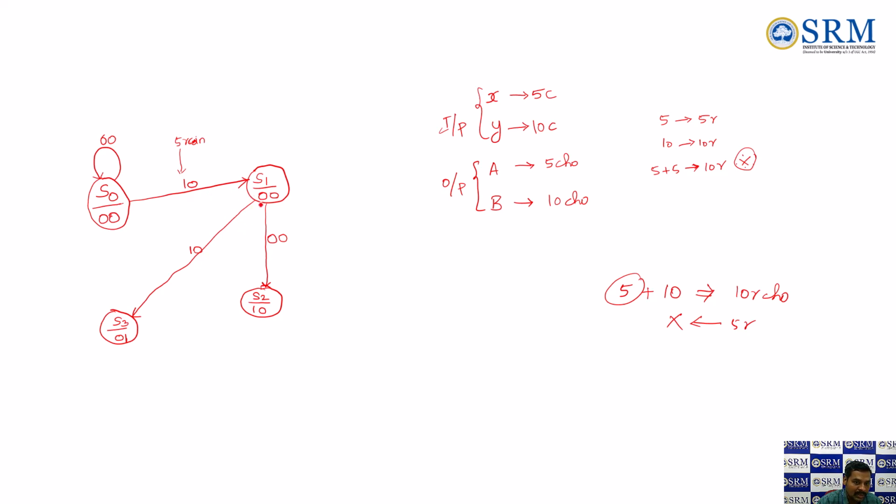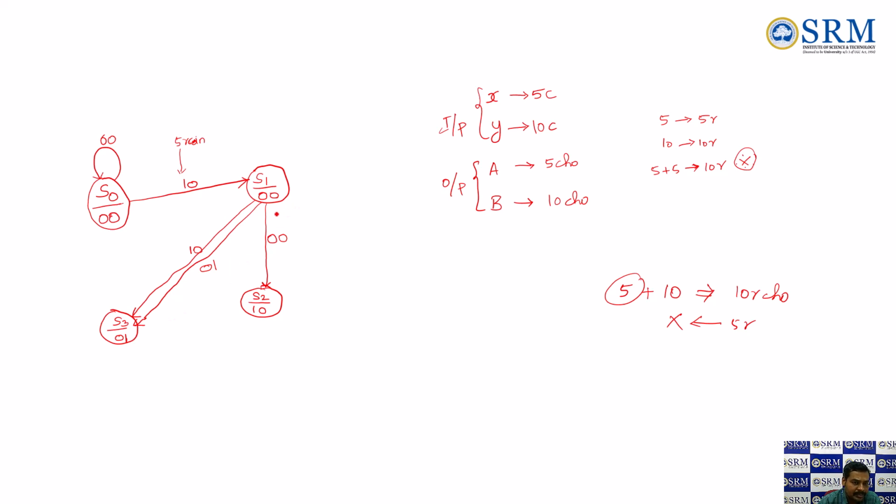Now at this stage, if I am inserting a 10 rupee coin, that will be 0 1. So this 1 represents the 10 rupee coin. It has to dispense only one 10 rupee chocolate. It will not refund the additional amount. That was mentioned here as 0 1, but it will dispense only a 10 rupee chocolate, right?